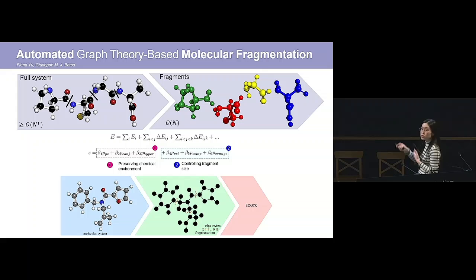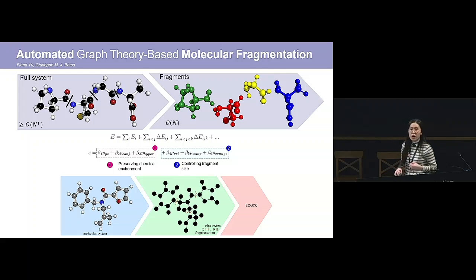And so whilst this is really great, molecular fragmentation techniques aren't widely adopted, and this is primarily because most of them are done manually. There's an overwhelming lack of automation. So what we sought out to do was to develop an automated fragmentation approach.